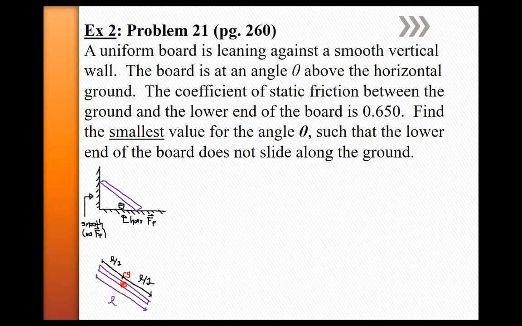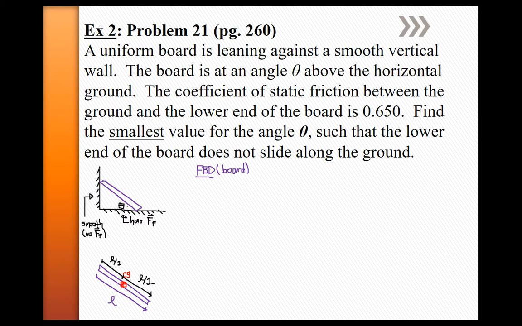Okay, so let's draw the board now, a big free body diagram. Now I'm going to heavily exaggerate the angle. It's a similar idea to how I exaggerated angles in inclined planes, because it's going to make specific angles very clear.